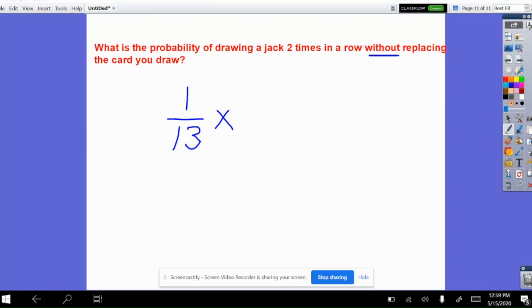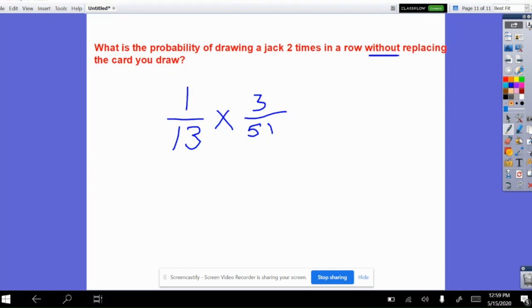Well, they started with 4. If we chose one of those 4 jacks the first time, now we know that there's only 51 cards left. And how many of them are jacks? 3. 3 are jacks because we're assuming that we drew it the first time.